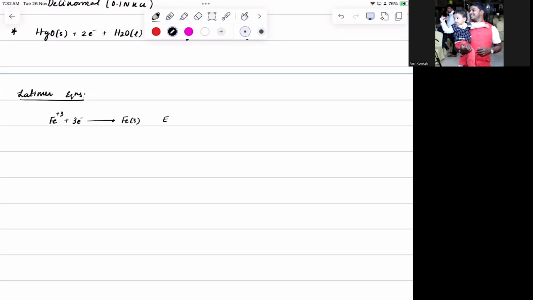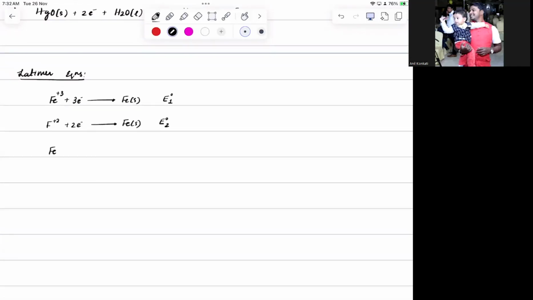For this reduction, the electrode potential is given as E naught 1. And Fe2+ plus 2 electrons gives Fe, and this is E naught 2. Now using these two, you have to figure out what will happen between Fe3+ towards Fe2+. Let this be E naught 3.